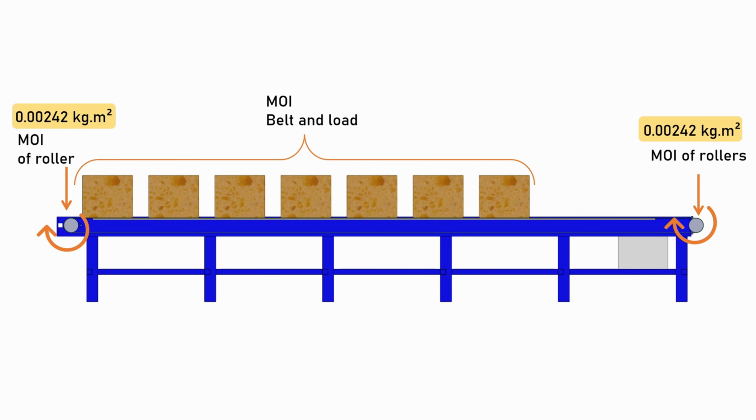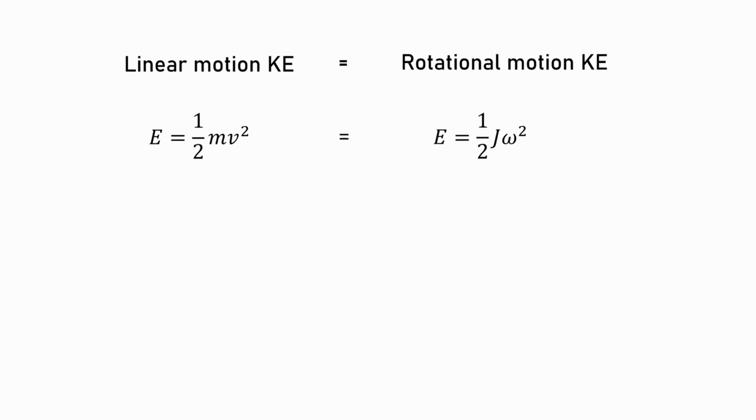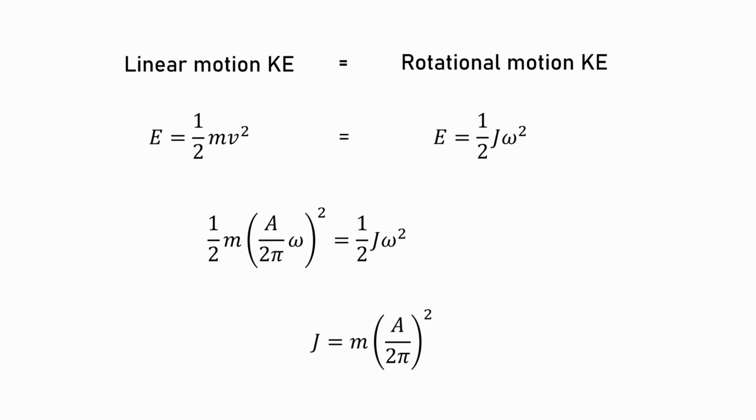But how do we calculate the inertia of this mass which is moving linearly? So for linear motion objects, we calculate the equivalent rotational inertia using energy equivalence.